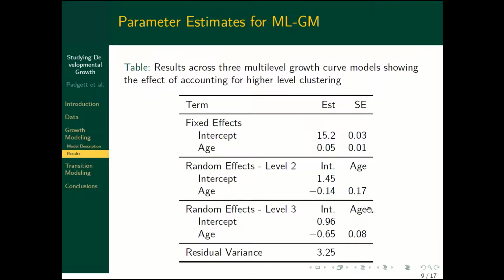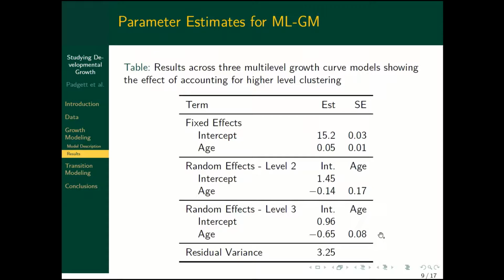However, this changes pretty dramatically once we move to the family or level 3 part of the model, where again there's still a pretty high variability in where families start on average, but there's a very strong relationship. When a correlation is negative 0.65, that's pretty high evidence that where the individual starts is pretty indicative of how the change is expected to occur.